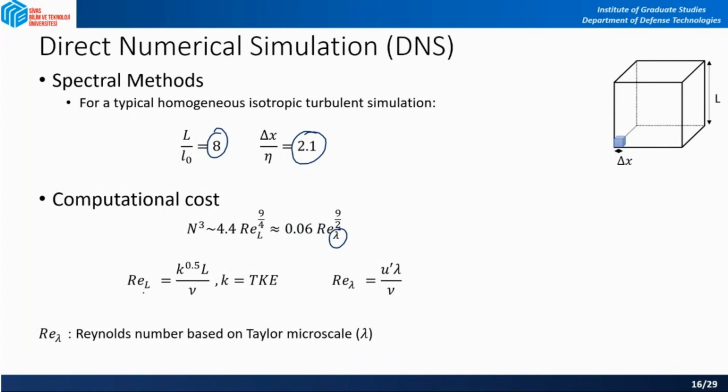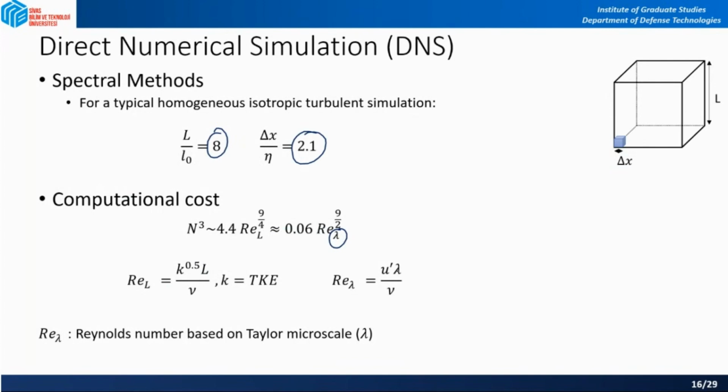The Reynolds number based on L is nothing but the square root of turbulent kinetic energy times L over nu, and the Reynolds number based on the Taylor microscale is defined as U prime times lambda over nu.